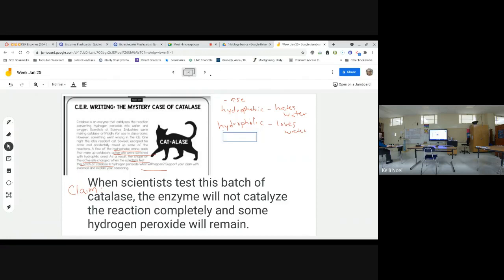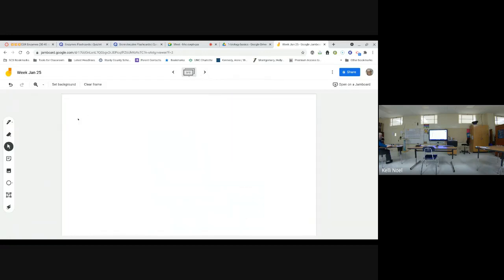All right, one piece of evidence here is that the sequence of amino acids in the protein was changed.